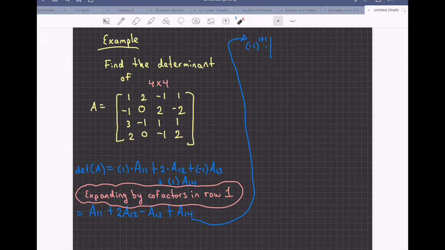The minor 1, 1: I have to eliminate row 1, column 1. So it's going to be 0, 2, -2, -1, 1, 1, 0, -1, and 2.